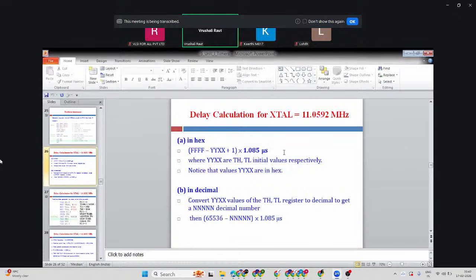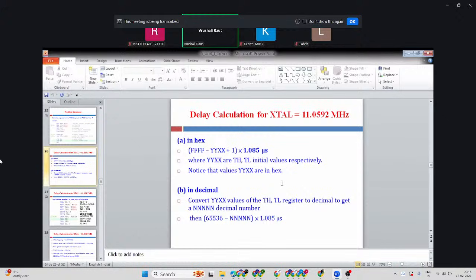From where did we get this time? We got this time from the crystal oscillator frequency of our microcontroller. It is approximately 12 megahertz, or say the 8051 works at 11.0592 megahertz divided by 12. That is our machine cycle frequency.